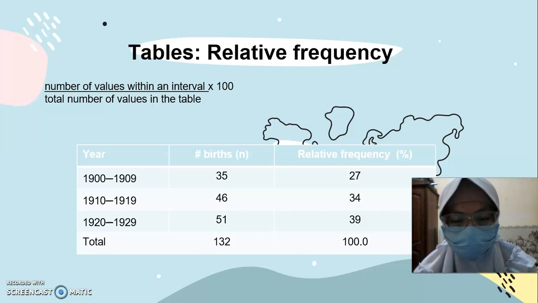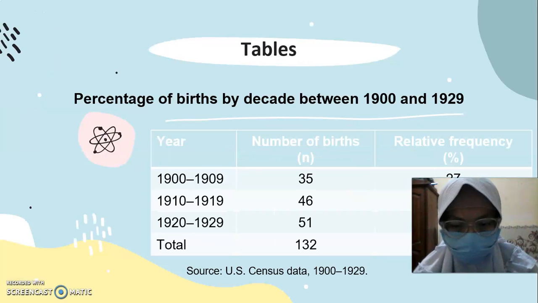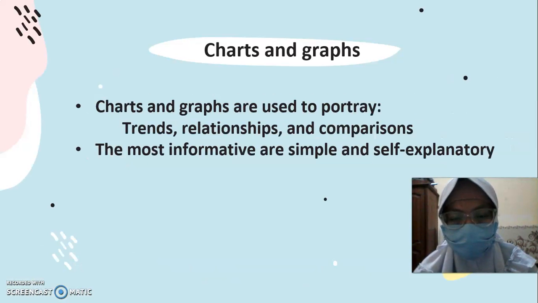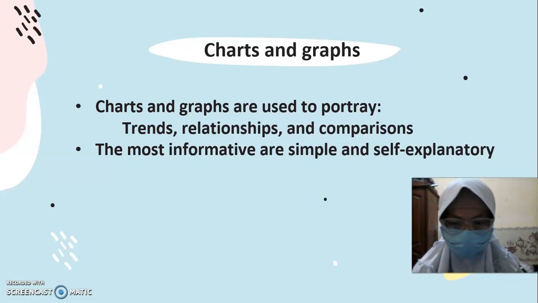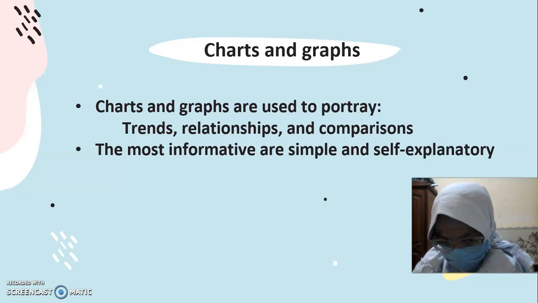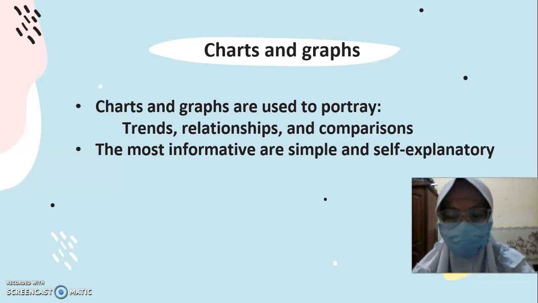You can see the table. This is an example from US census data, 1900 until 1929. If you use tables and graphs, you have to portray relationships and comparisons, and the most informative are simple and self-explanatory.